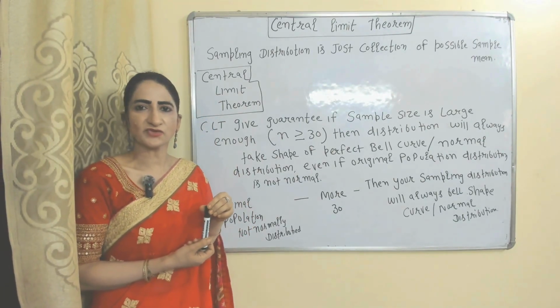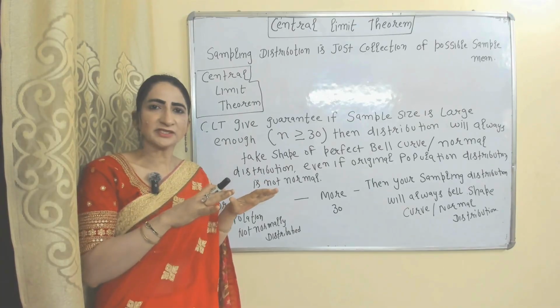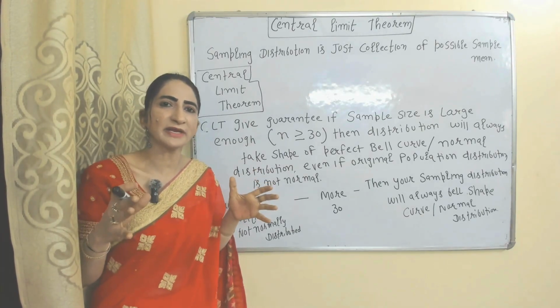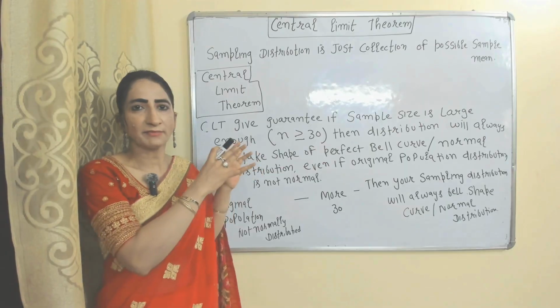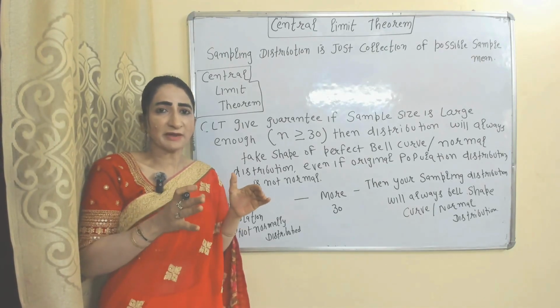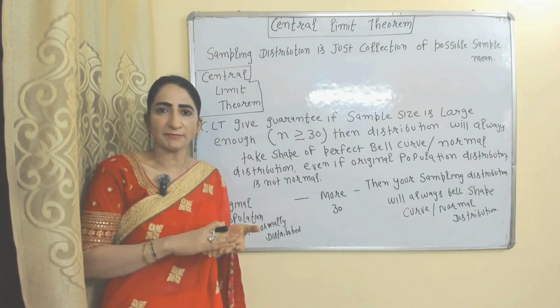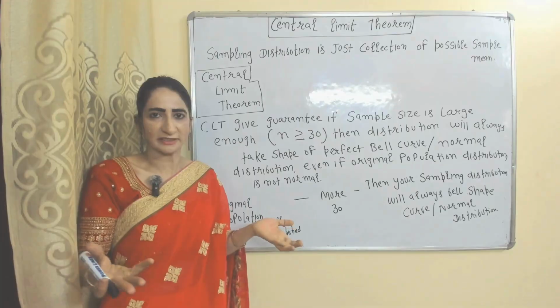Now we will see central limit theorem. Sampling distribution is just a way of collecting so many sample means. But central limit theorem gives a guarantee if your sample size is large enough. Large enough means if you have a sample size equal to 30 or more than 30.